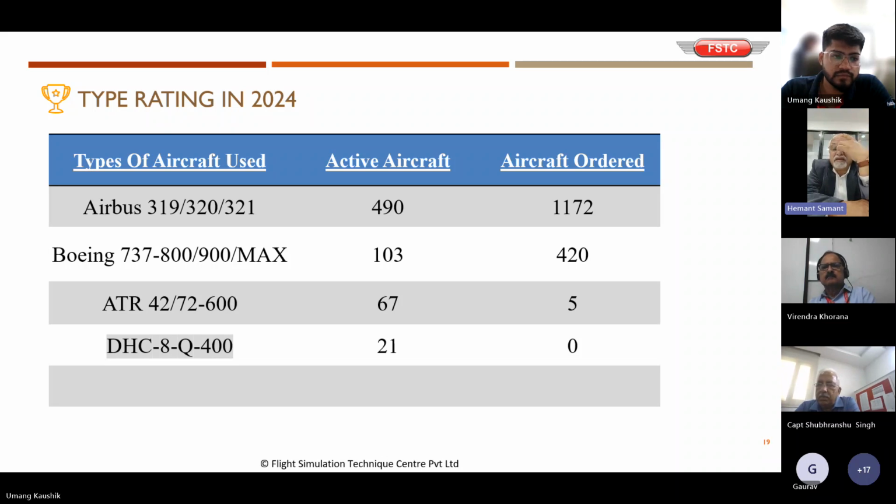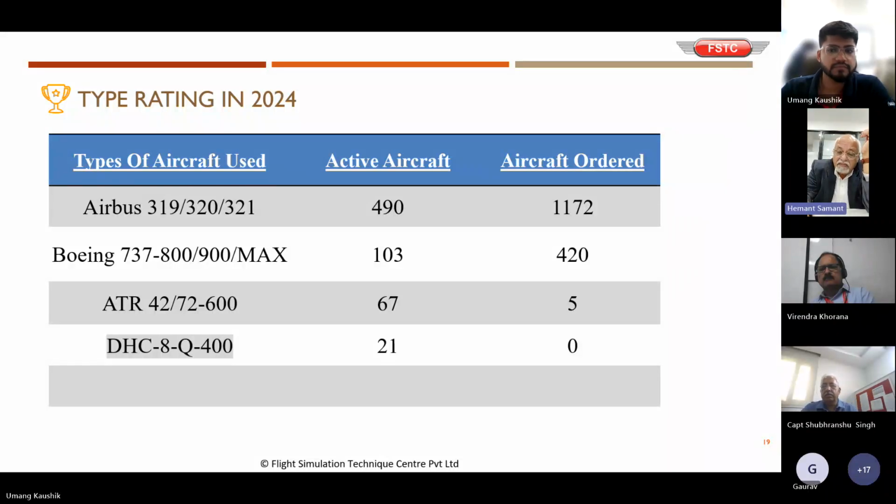Now, this is a situation of a perpetual cat and mouse game, that airlines will look for pilots and they would say, all right, you come as a cadet pilot for me from CPL to type rating, sign this service bond for 62 lakhs rupees or whatever.